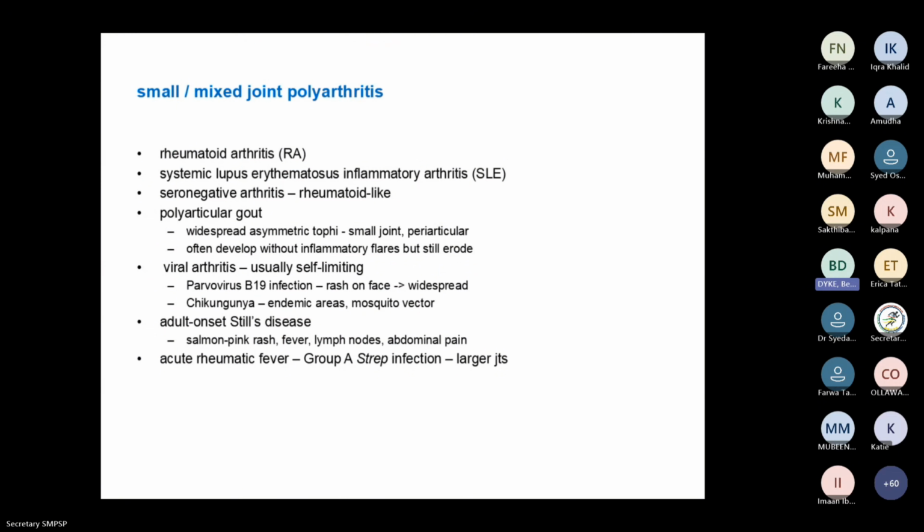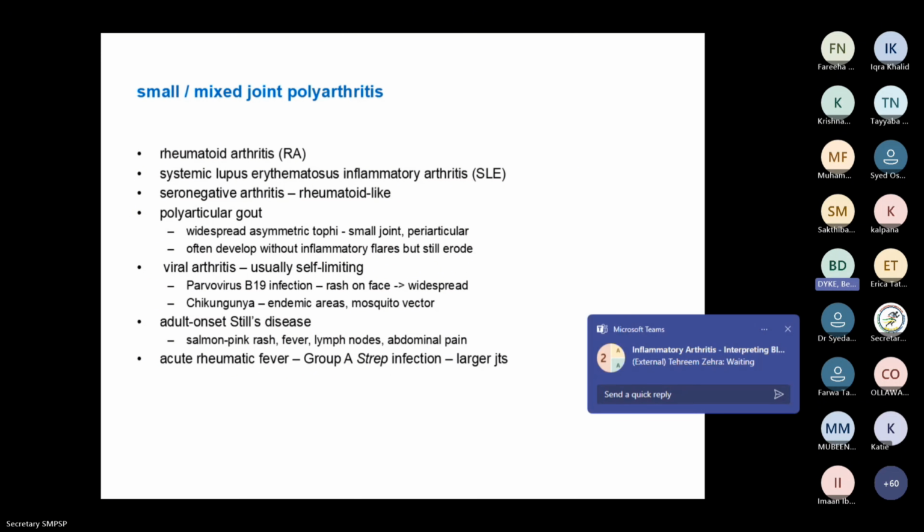Okay, so thinking about a more inflammatory picture. The conditions that I'll be seeing most often, and this will vary from country to country, include rheumatoid arthritis, which is certainly our most common inflammatory arthritis, and is a small or mixed joint polyarthritis.